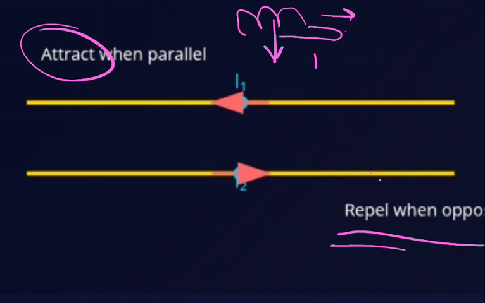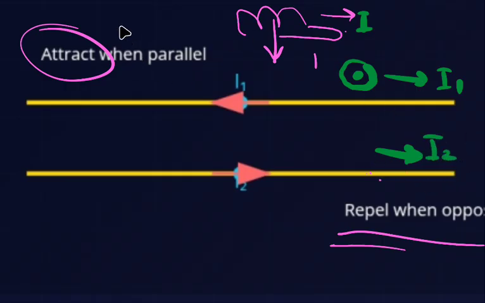So here, once again, here out of the paper, according to thumb rule, current flowing. Current is flowing in this direction, I1. Here also the current, suppose I2 also flowing in the same direction, parallel condition I am talking about. So here out of the paper, and after that the fingers are showing into the paper this side.